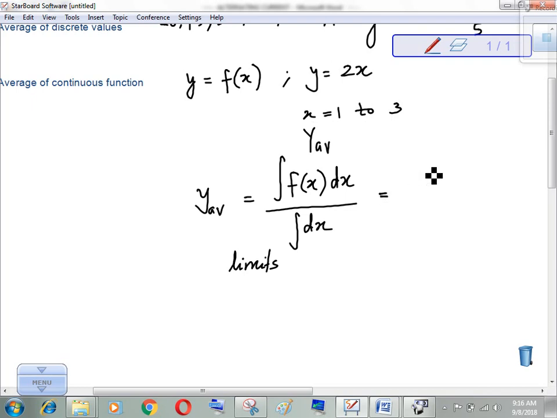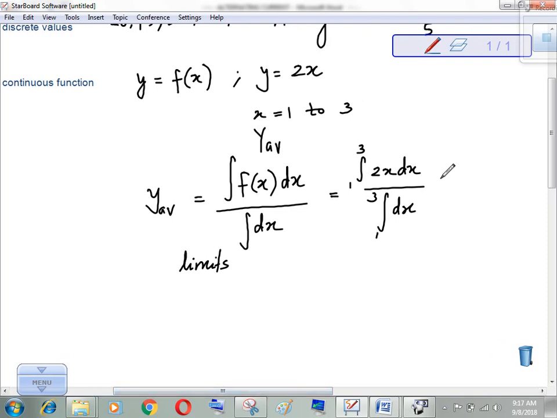So f(x) will be 2x dx, integration limits 1 to 3. So what do I get? I get 2 x square by 2.